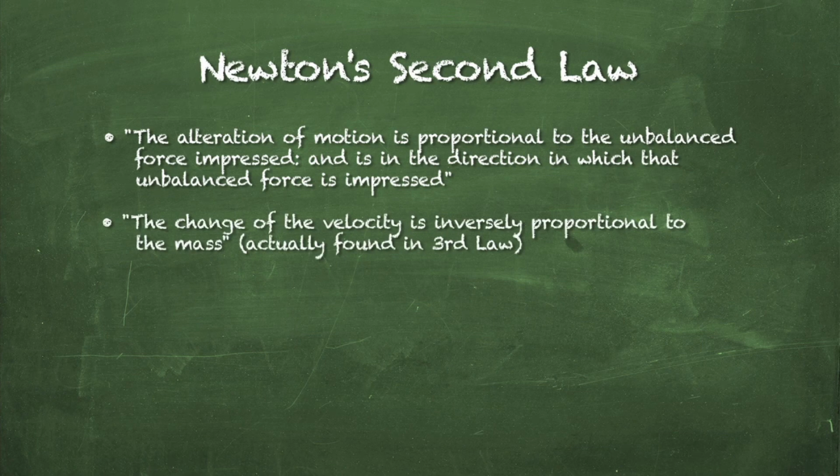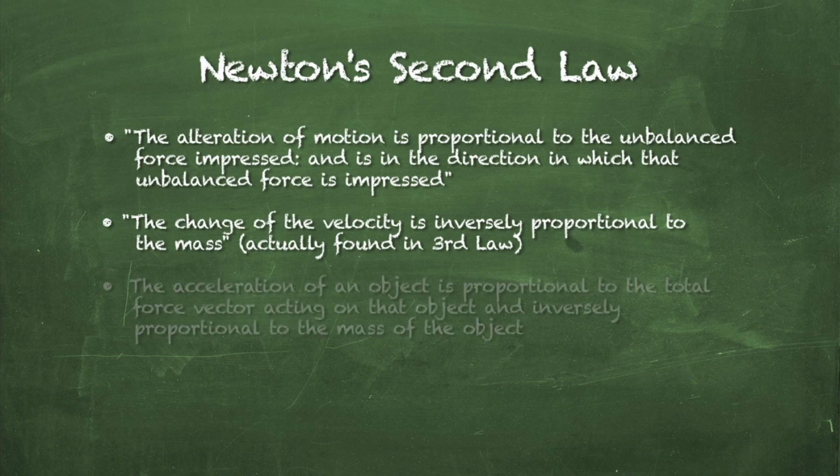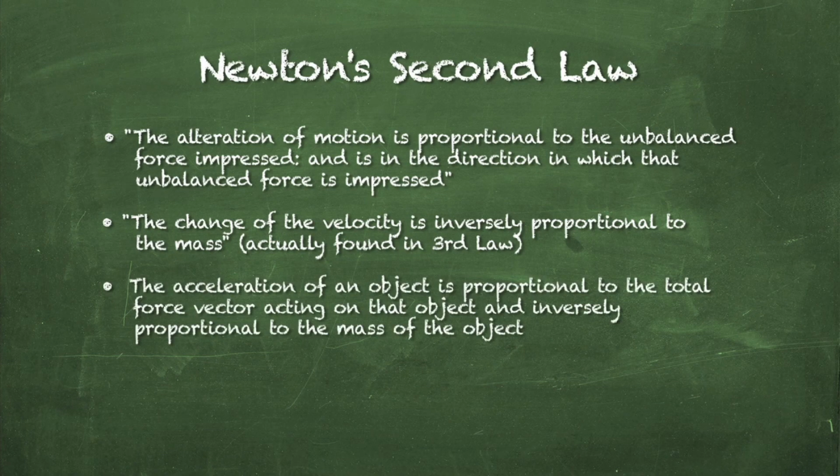We're going to take both of those into our equation for Newton's second law. If we paraphrase these two statements into modern English, we would say that the acceleration of an object is proportional to the total force vector acting on that object and inversely proportional to the mass of the object.